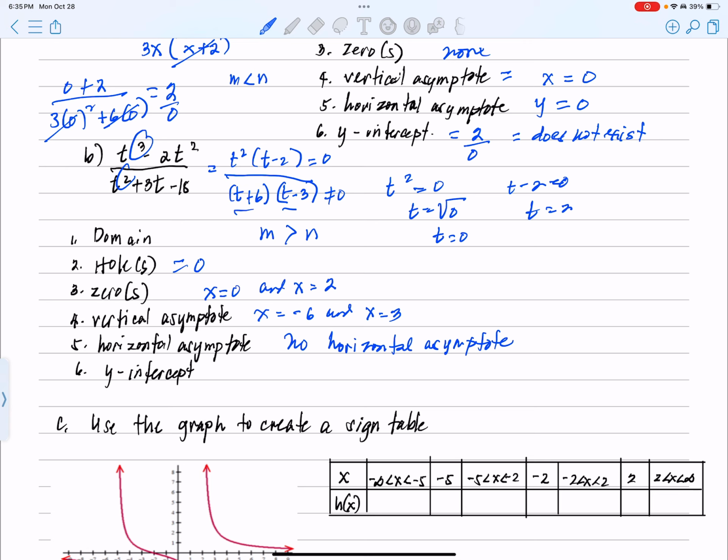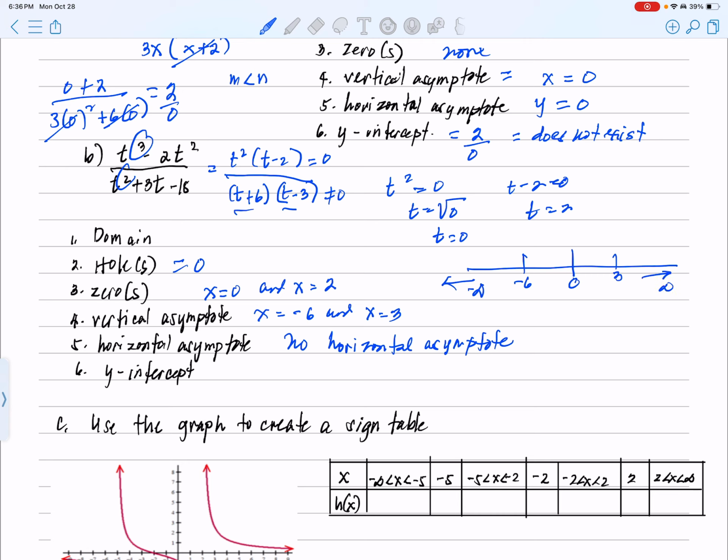We didn't do the domain. Okay, can I erase this? So the domain: we have negative 6 and we have 3. The number line goes from negative infinity to positive infinity.